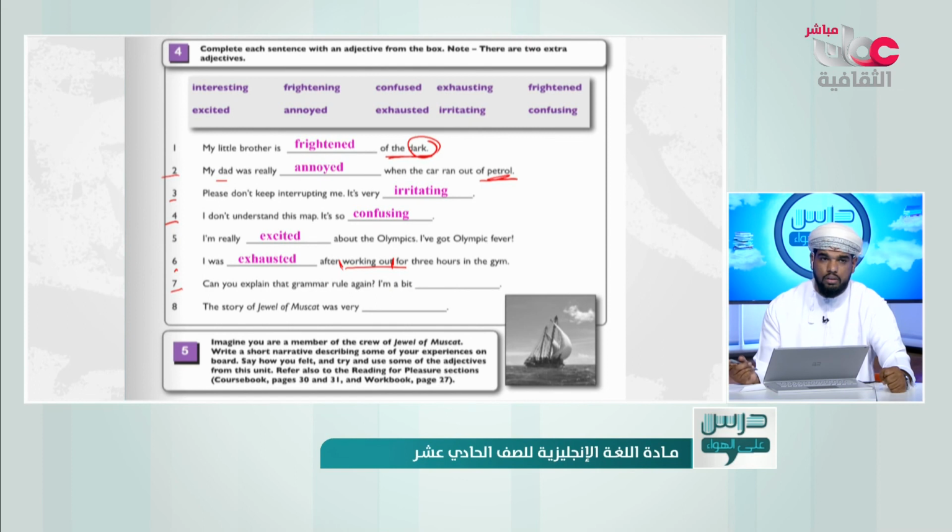I'm a bit, I'm describing myself. What? Confused, right? Not confusing. I'm a bit confused because the grammar is confusing. Number 8, the story of Jewel of Muscat was very interesting. The story is interesting, and I'm interested in the story.